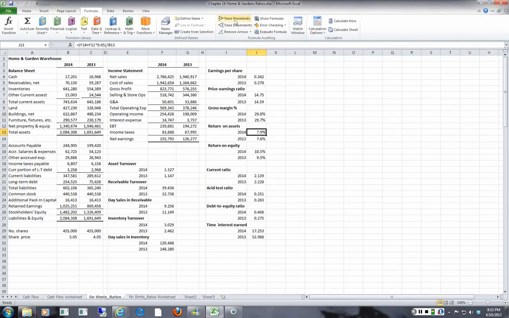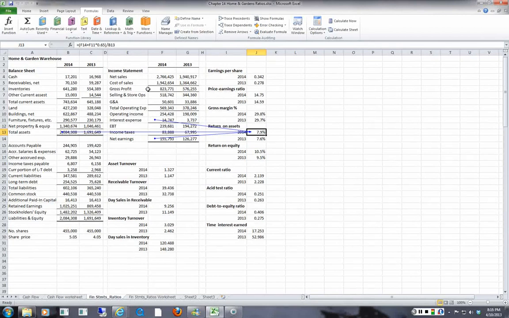Now, the return on assets, let's see, we want to take the net earnings, and we want to add to that the after-tax cost of the interest. We want to put the interest back in there, but on an after-tax basis. So, the tax is 35%.